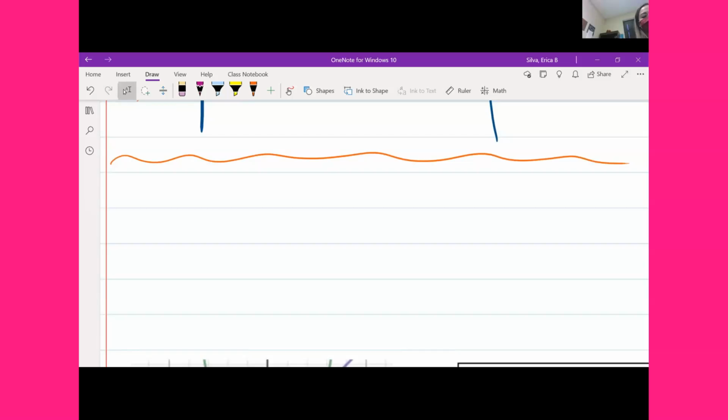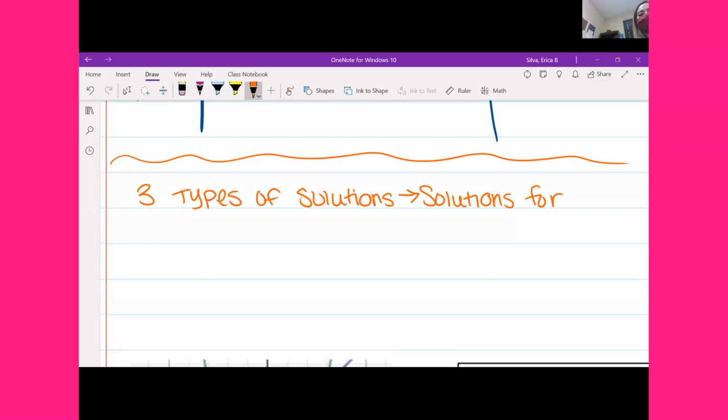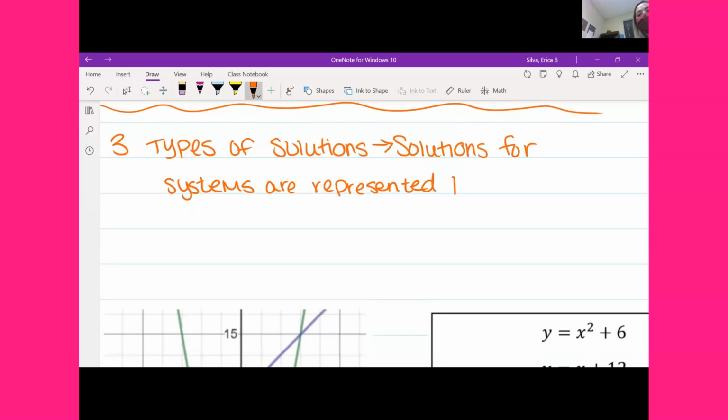Types of solutions. We have three types of solutions. Just like before, our solutions for systems are represented by the intersections of the functions.